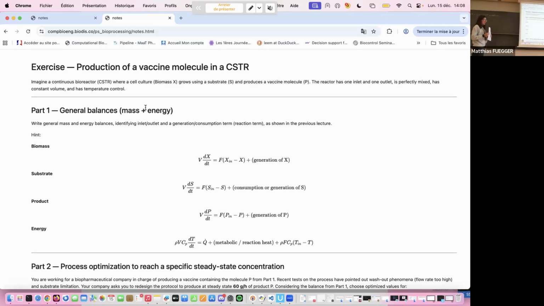So we will use all the equations that we discussed during the lecture, making specific hypotheses.